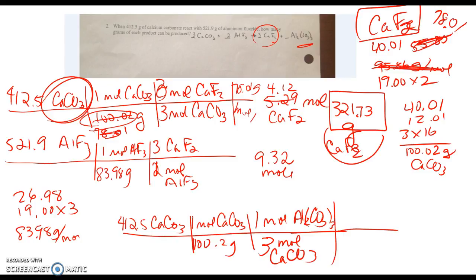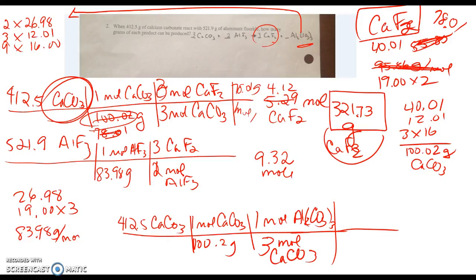So aluminum is 2 times 26.98. I have 3 carbons there, don't I? 12.01. Oops, sorry. And I have 9 oxygen. Look at that.